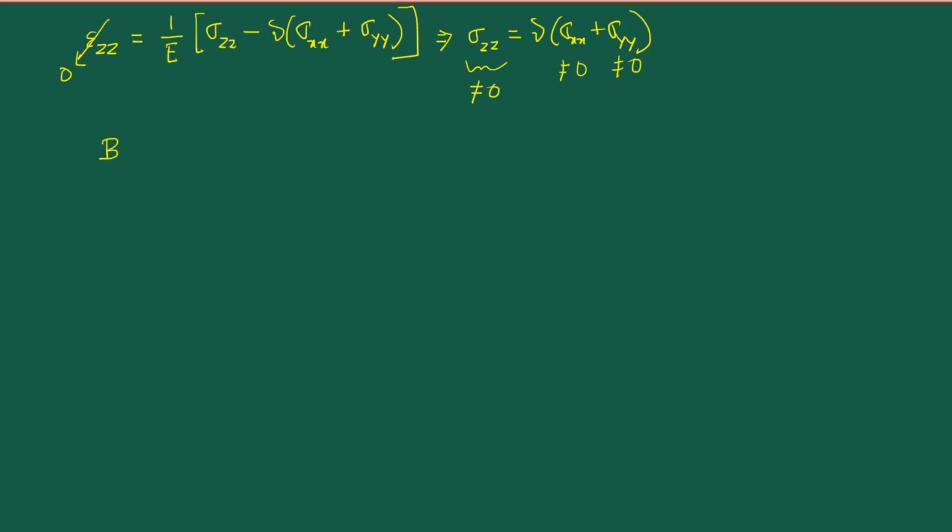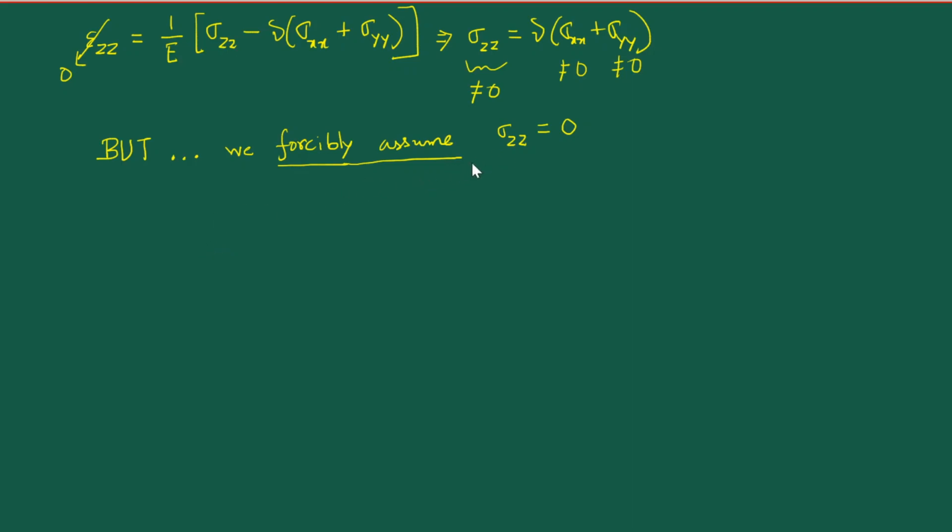But, and this is a very important but, just to make our life easier, we forcibly assume sigma zz is equal to 0 despite what we see in the above line. That is very, very important. Okay, so this is a very key step in the development of our theory.